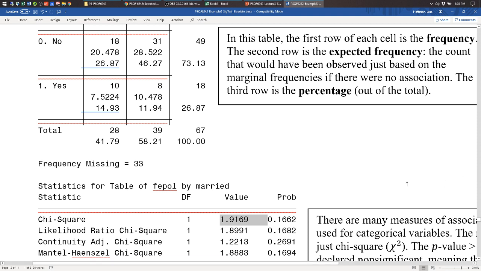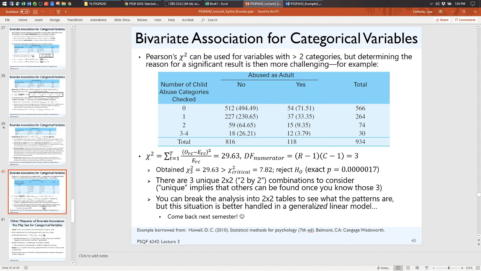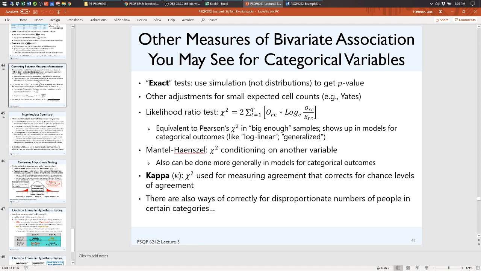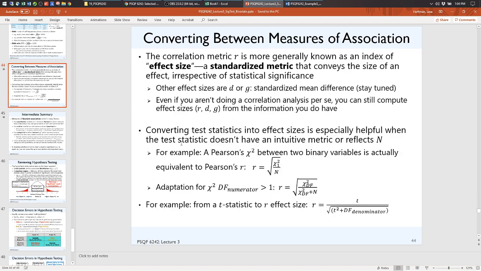You've got lots of choices, one of which is R. You can take your chi-square test statistic and convert it into an R as such.